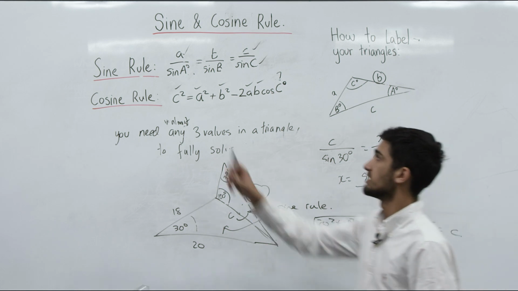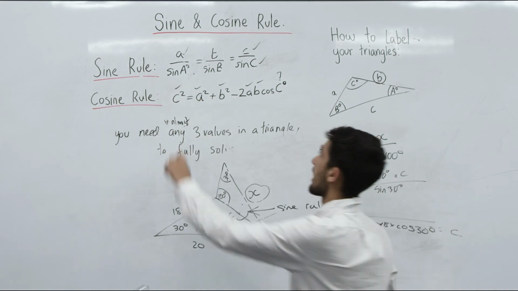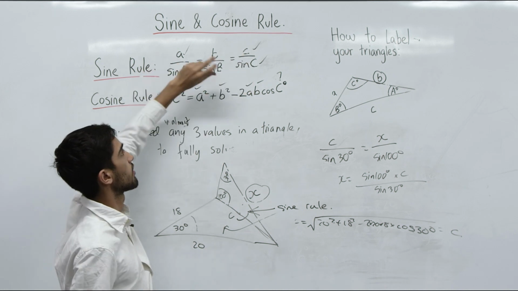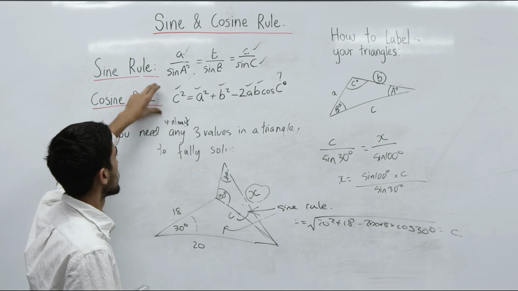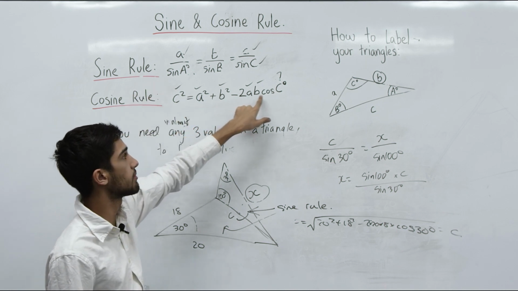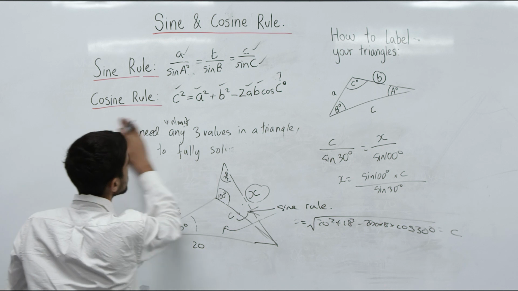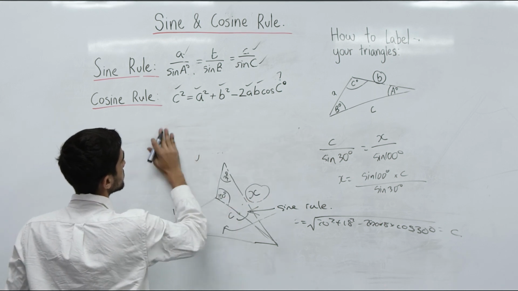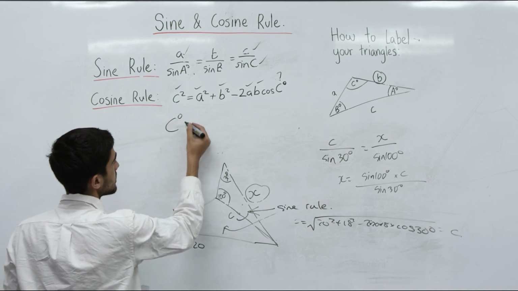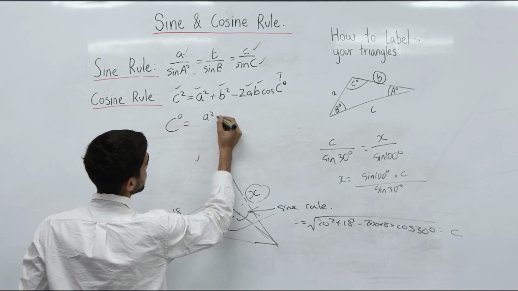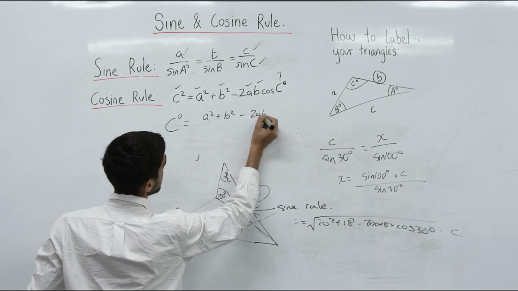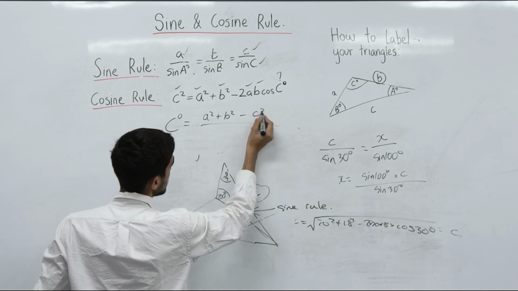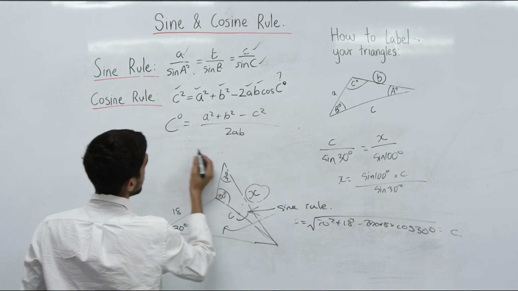So there you go. That is the sine and the cosine rule. A over sine A equals B over sine B equals C over sine C. You can flip it around if you want. C squared equals A squared plus B squared minus 2AB cos C. And one extra, just to make it easier for you to remember, is that the angle C is equal to the cos inverse of A squared plus B squared minus C squared over 2AB.